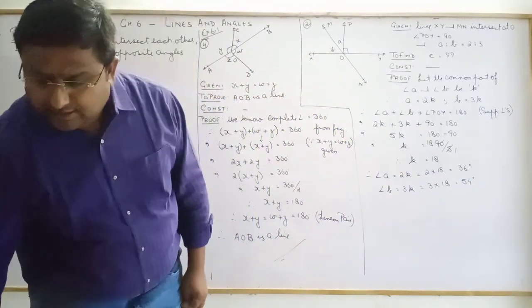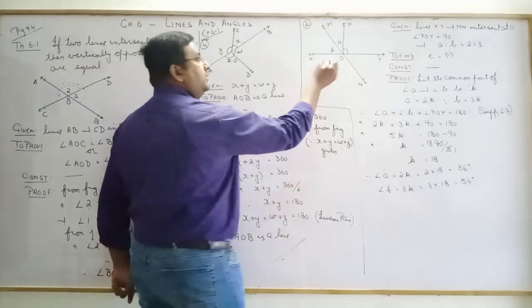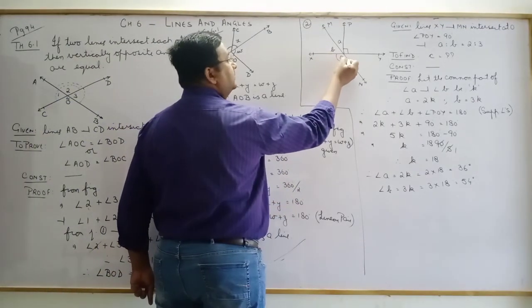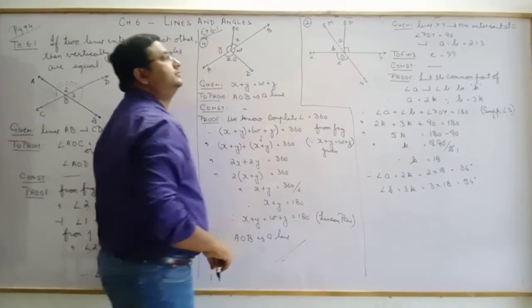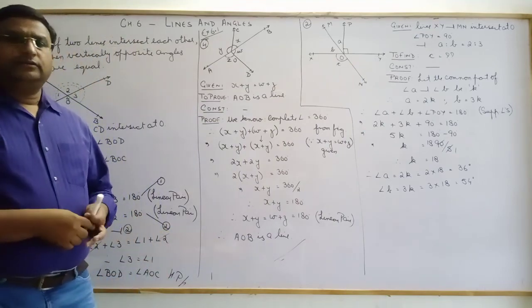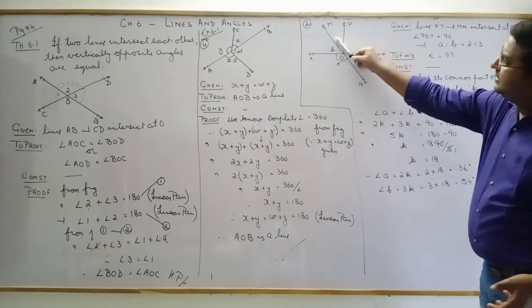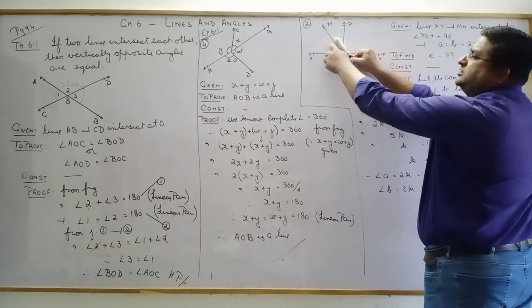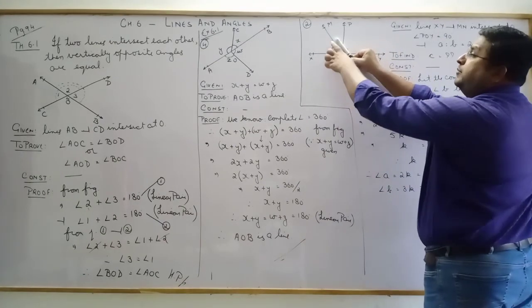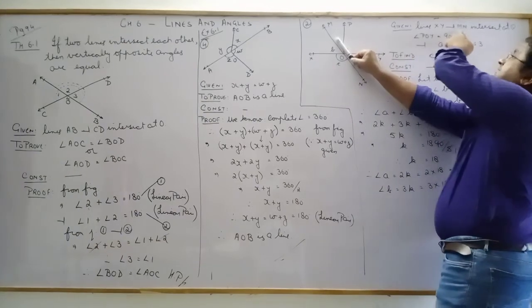So where is angle C? This is angle C. This complete is angle C. You can very well see angle C, 2-3 methods. How much is B plus C? 180. Because MN is a line.